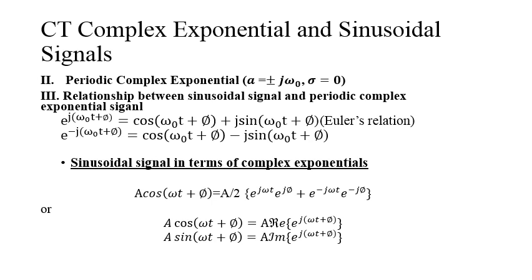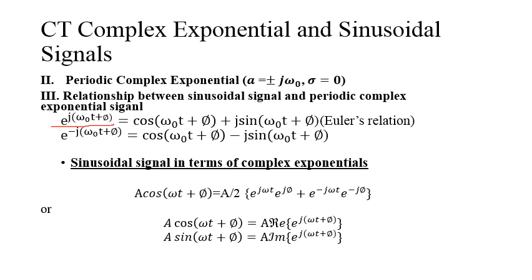Then we come to the relationship between the sinusoidal signal and the periodic complex exponential signal. You know the periodic complex exponential signal has this generalized expression. Previously we were not using phi, but in the generalized expression we also include the phase, phi.